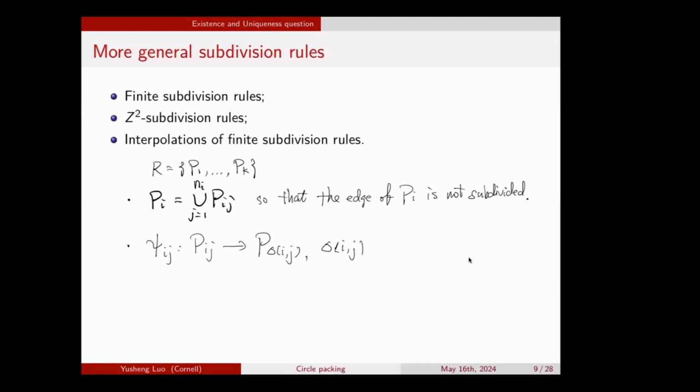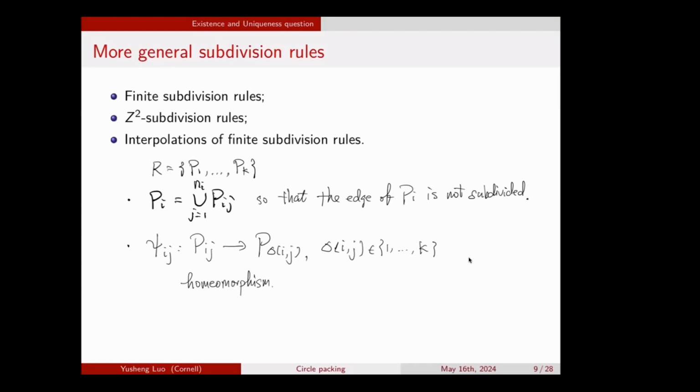Here, this sigma ij is just some index in this one, some index from 1 to k, and this psi is a homeomorphism.